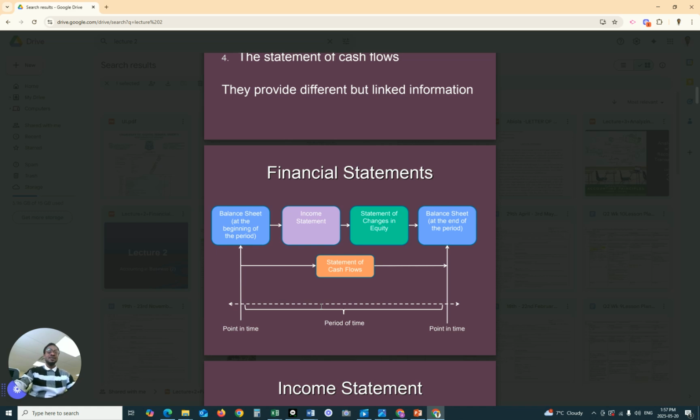One of them is continuity, the going concern principle, which says that accounts are prepared for a business with the assumption that the business will continue to exist. So this accounting preparation is for a period, and it is presumed that there would be a next period of business existence. These are the 4 statements: the balance sheet, the income statement, the changes in equity, and the statement of cash flows.